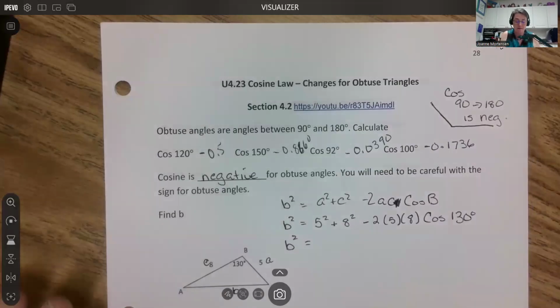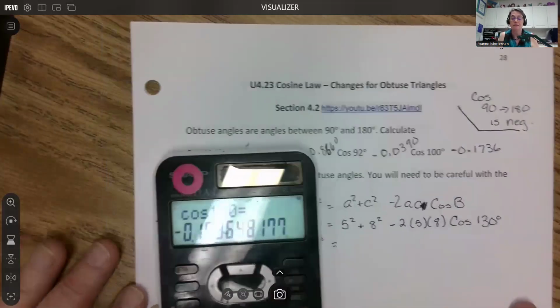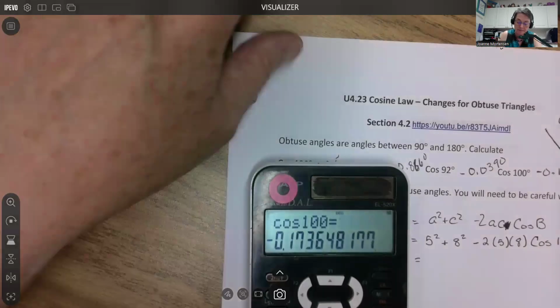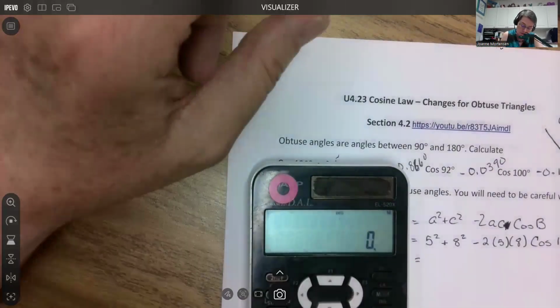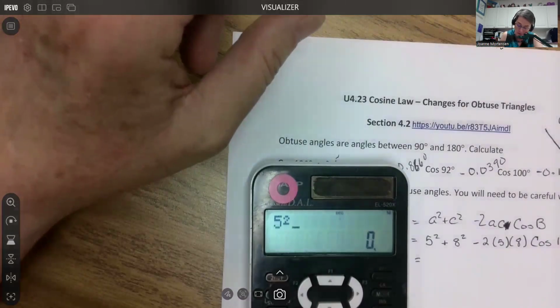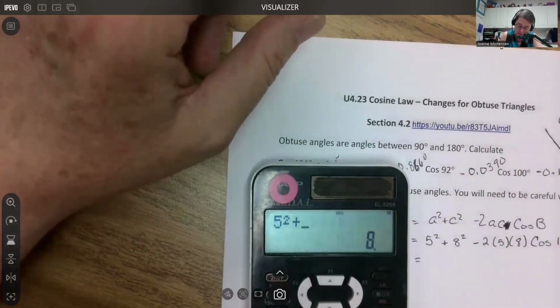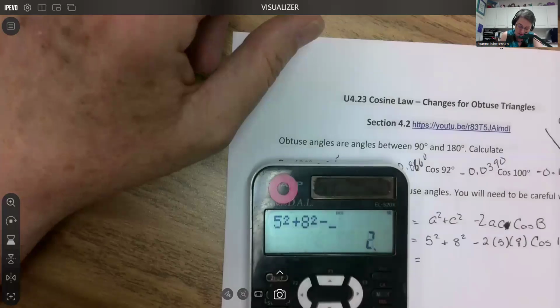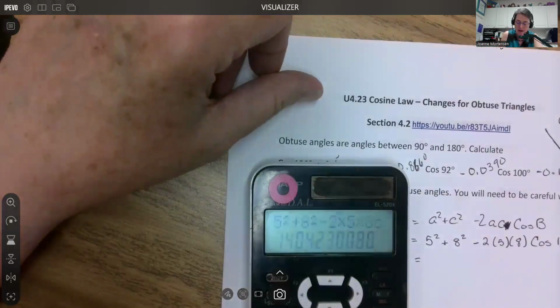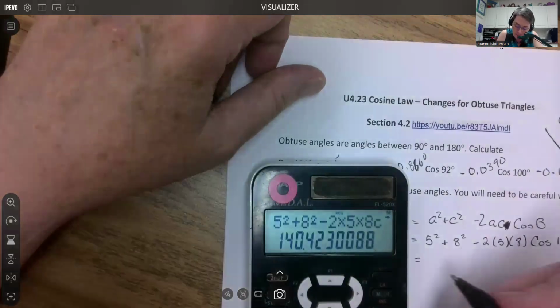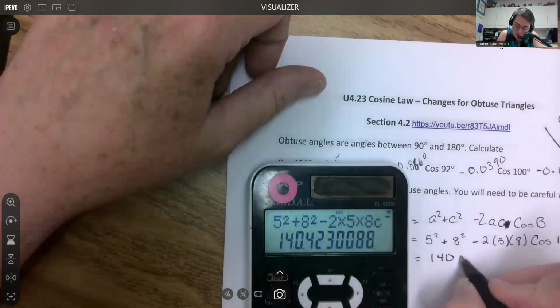Now, I think I'm gonna slide that over so we're not in the glare. I'm hoping my calculator is going to do the magic here. Let me go 5 squared plus 8 squared minus 2 times 5 times 8 cos 130. Oh, look at that. Did it all at once. 140.42.